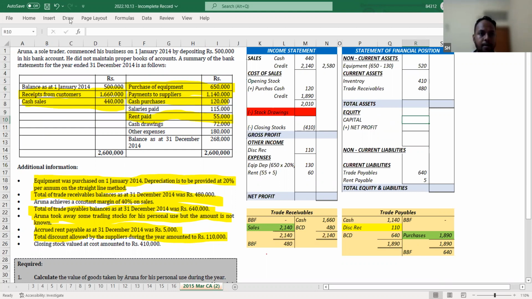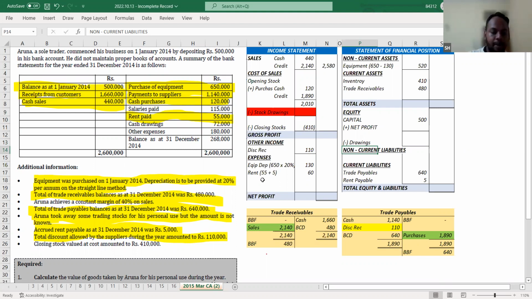And we also know the opening capital balance, that is 500,000. That was debited to cash. Okay. Now first step, the format. The second step is additional information. Then the other balances from the bank statement. Third step.